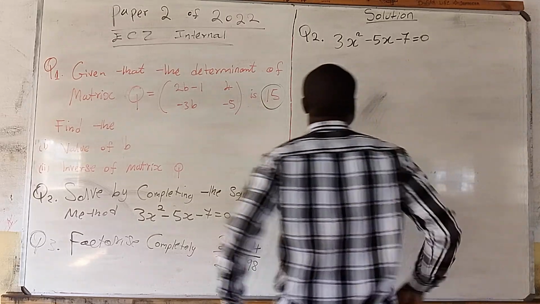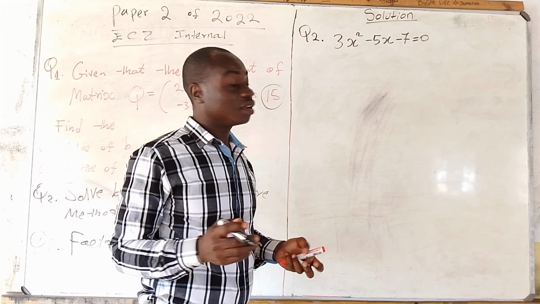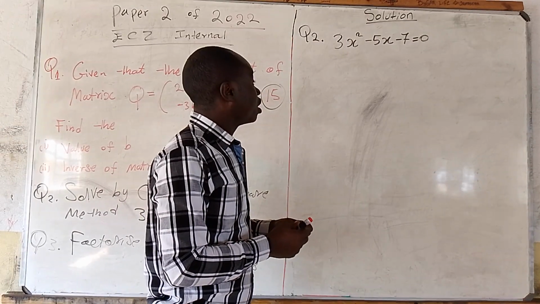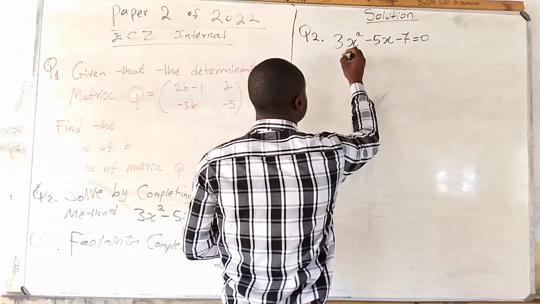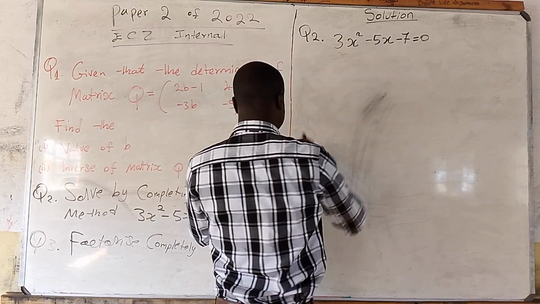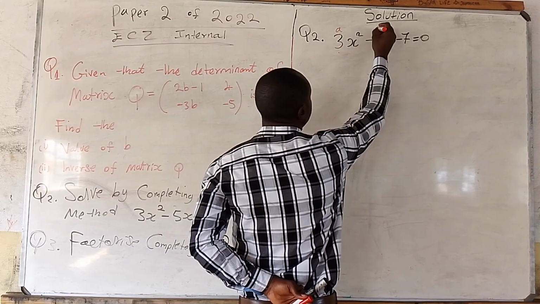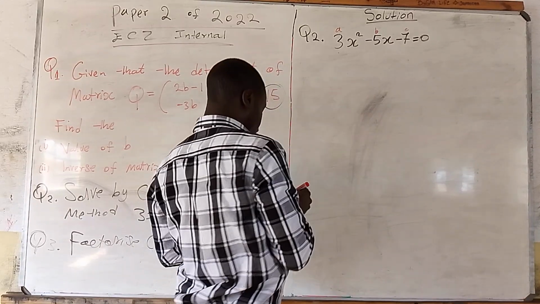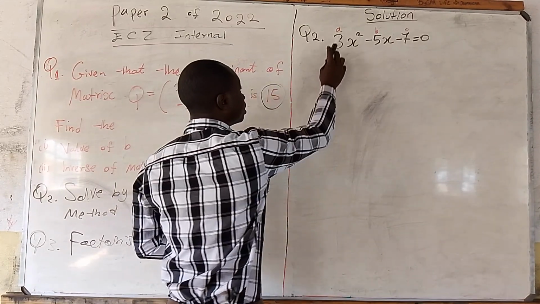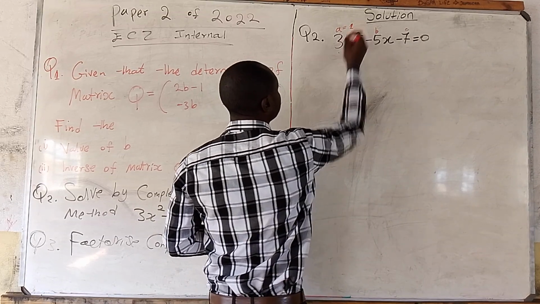To solve this question by completing the square method, rule number 1, remember, your A should always be 1. We know that this is our A. Let me put that on top of each coefficient. This is our B and our C. So we have to make sure this A becomes 1.